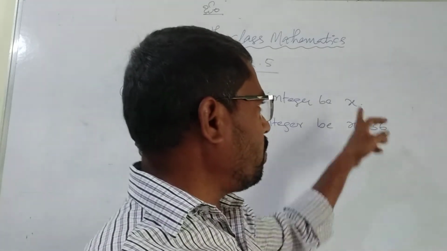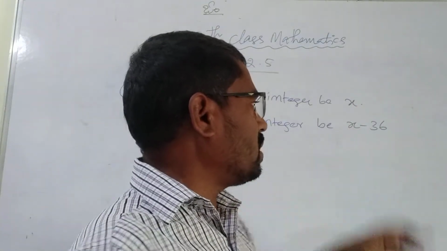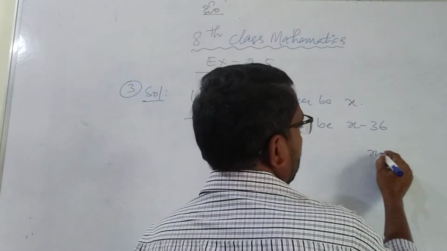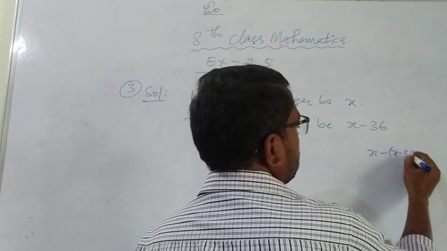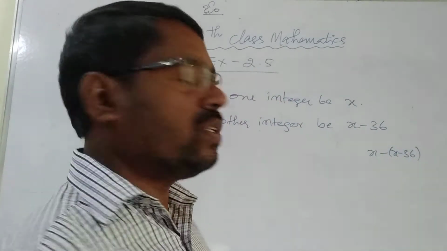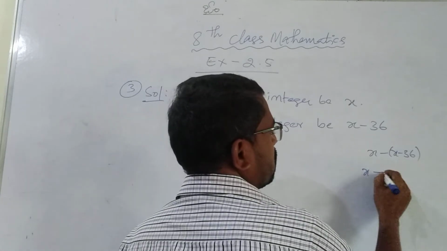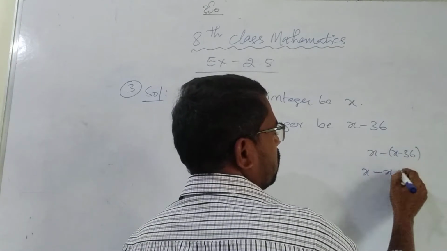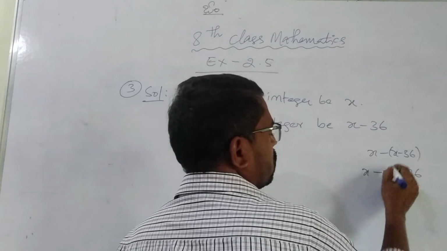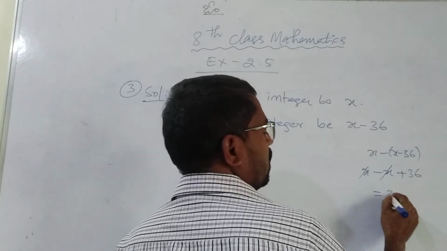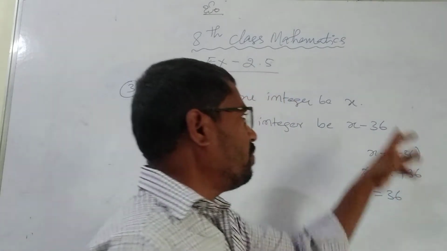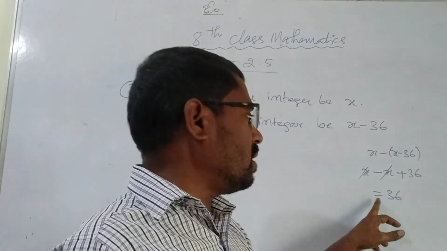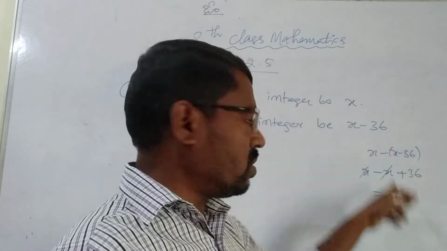If you subtract x minus 36 from x, how much are you getting? x minus (x minus 36), that is minus x plus x cancel, and the answer is 36. So the difference of the first integer and the second integer must be 36. Yes, you checked it here.